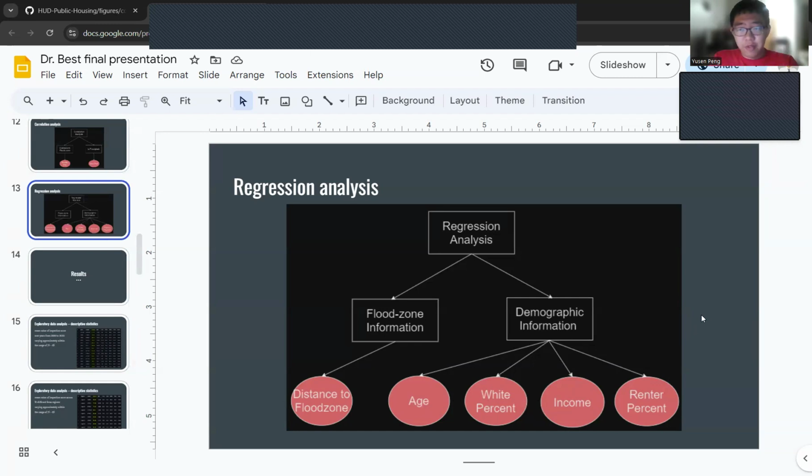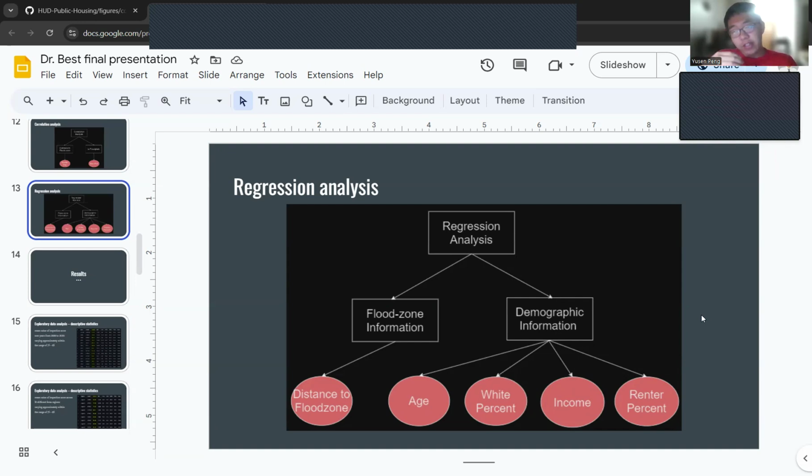These four demographic categories are age, how old people are; race or ethnicity, meaning what percent of people in the region are white; and income, lower, middle, or upper income, which can also affect the inspection score.